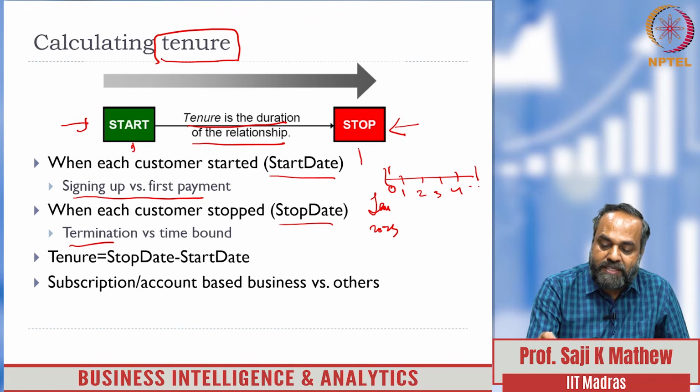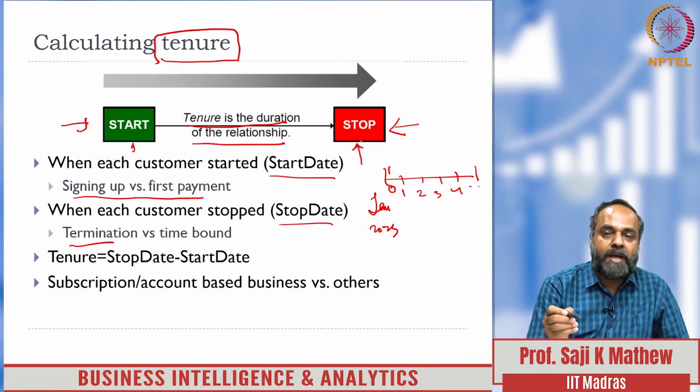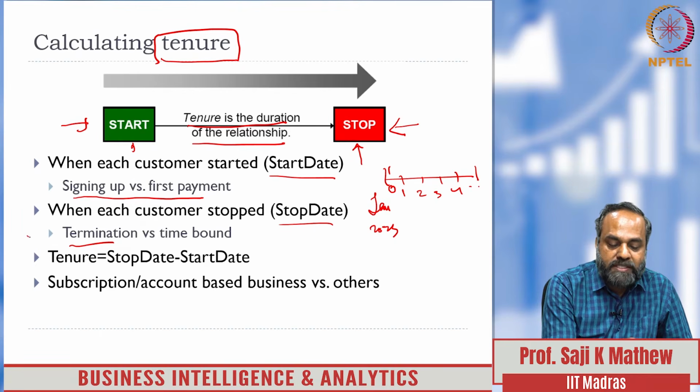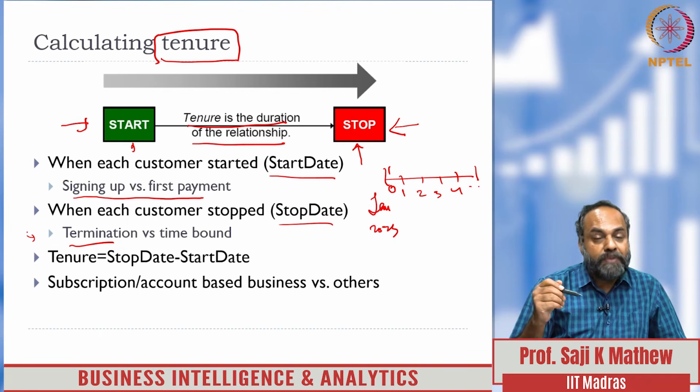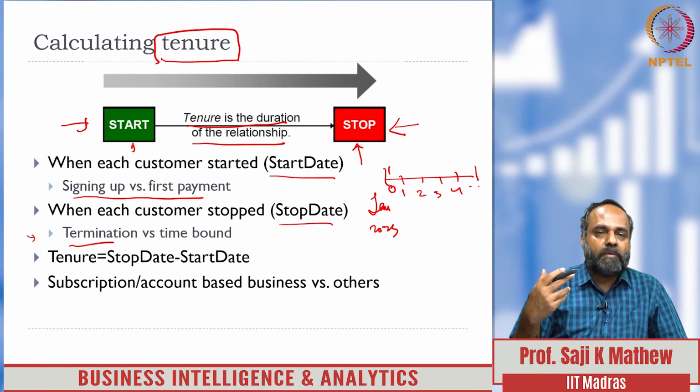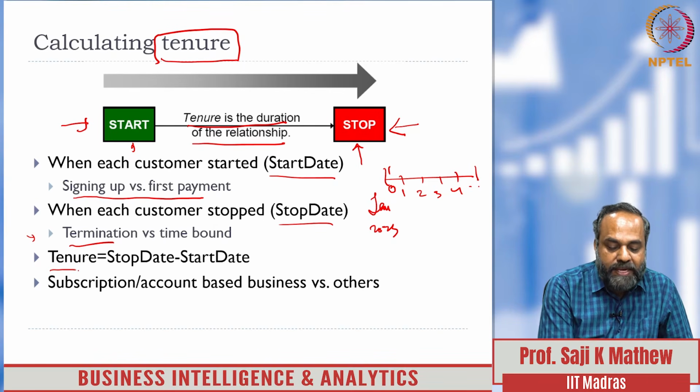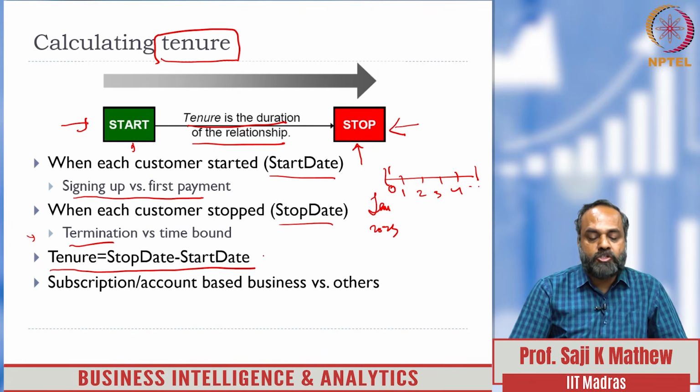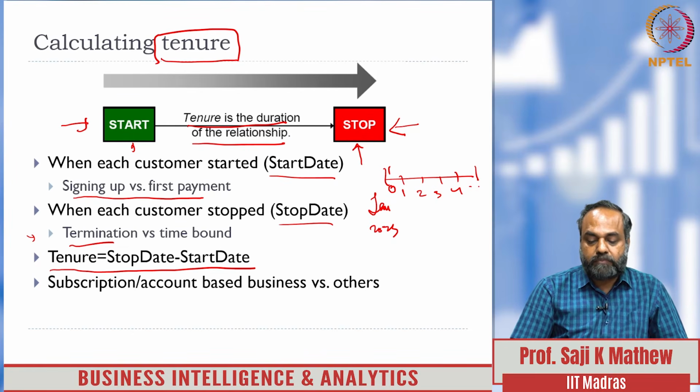A customer who existed for some time and doesn't exist now is not enough. You have to see what is the basis for the stop. So this becomes important when you apply rules for inclusion of records in a churn analysis. And tenure is, of course, generally speaking, stop date minus start date.